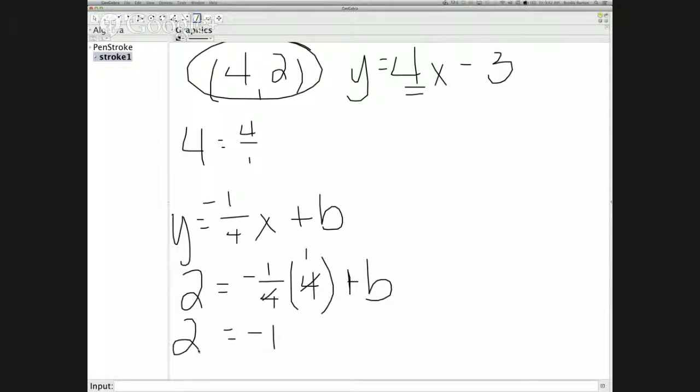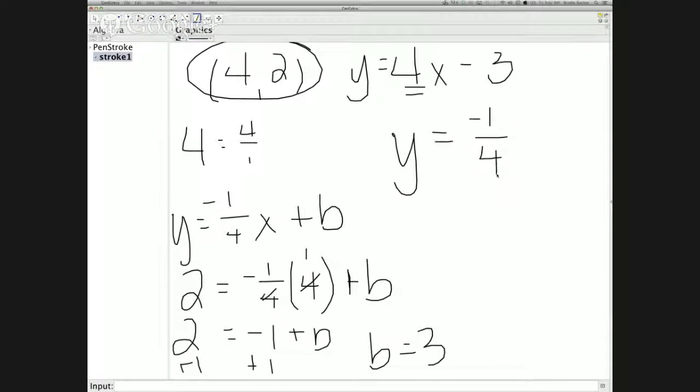So I have 2 equals -1 plus b. Add 1 to both sides, and I get b equals 3. So my final equation is y equals -1/4 x plus 3.